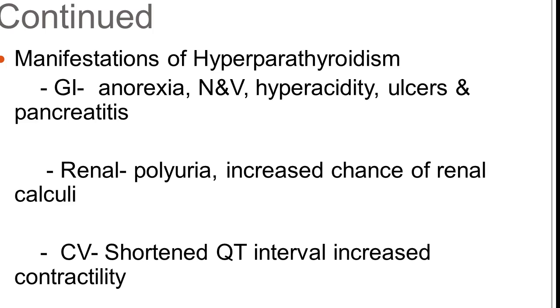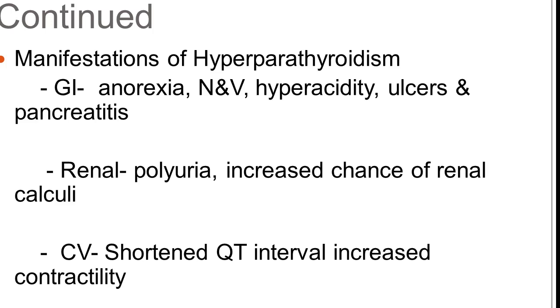Most of the hyperparathyroidism that we are talking about is probably primary hyperparathyroidism, where it's caused by an enlargement of one or more of the parathyroid glands. It is a fairly common disorder.